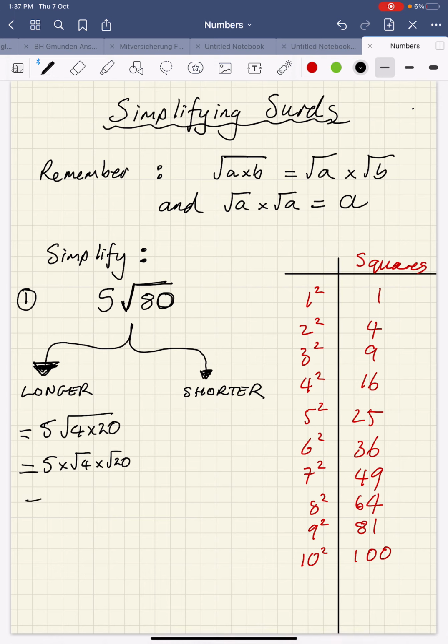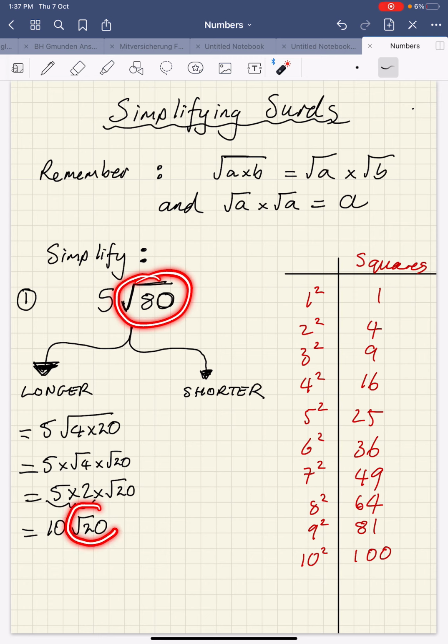So over here is 5 times 2 times root 20, and then we can do the 5 times 2 first, is 10 times root 20. Now that's great because you've simplified definitely from root 80 now into root 20, but it's not as simple as it will go. So we can make that root even smaller.